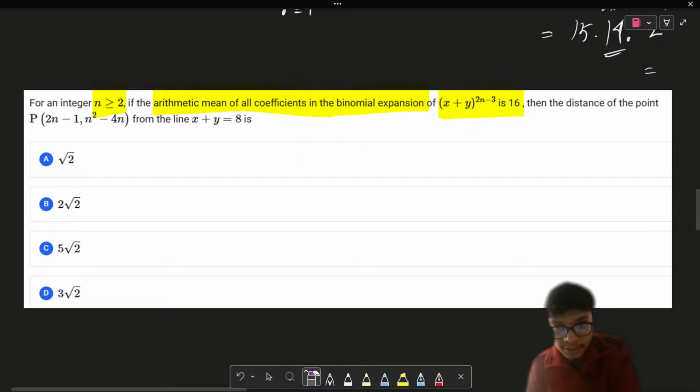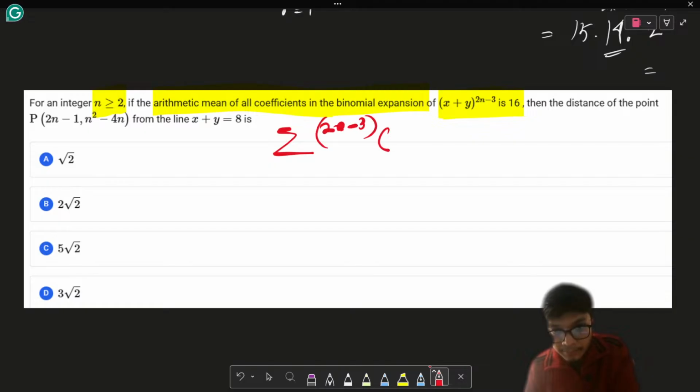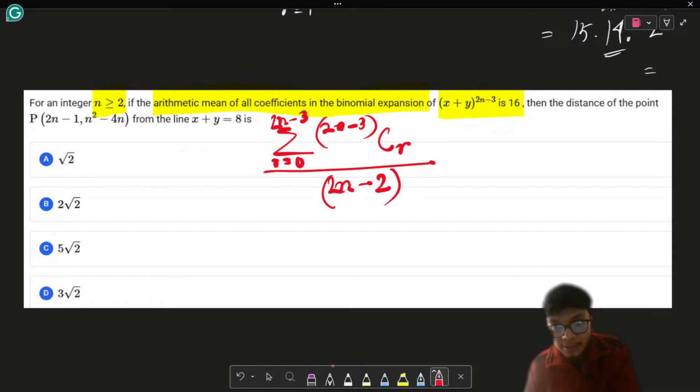Since our n over here is 2n minus 3, what is given in the problem is that the sum of C_r divided by the total binomial coefficient, which would be 2^(2n minus 3) over 2n minus 2, because we know that the total number of binomial coefficients is always the power plus 1, right? And this is given as 16. Is this clear? This is given as 16.